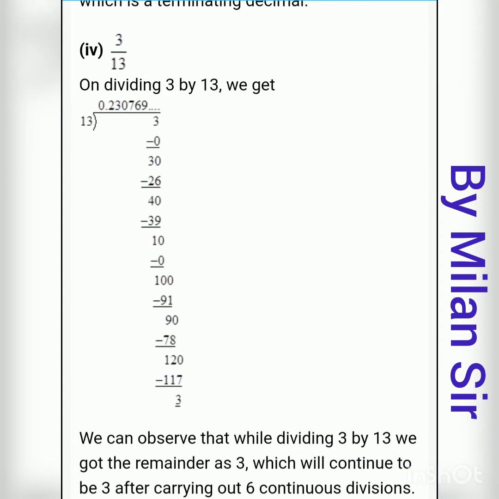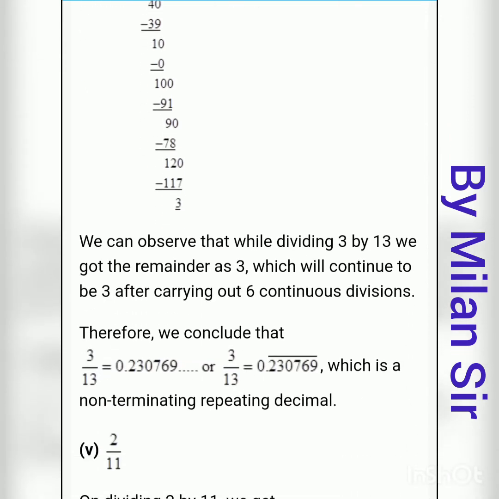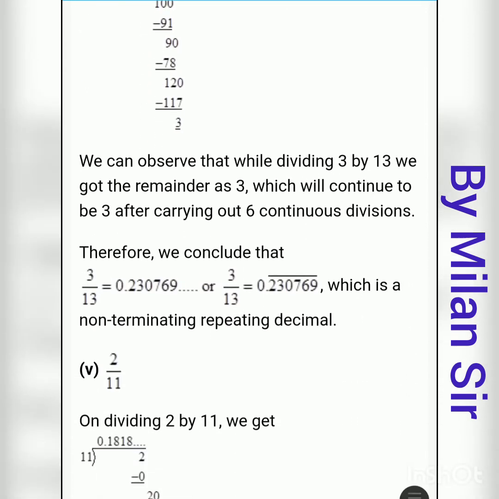Whenever we get the same remainder, here 3 and here again 3, then we can say that these digits are repeating. Here we cannot get remainder 0. That's why this decimal expansion is non-terminating, and our digits repeat after 230769.